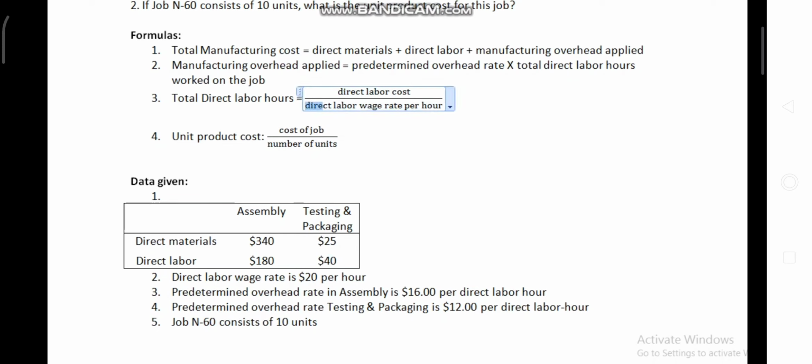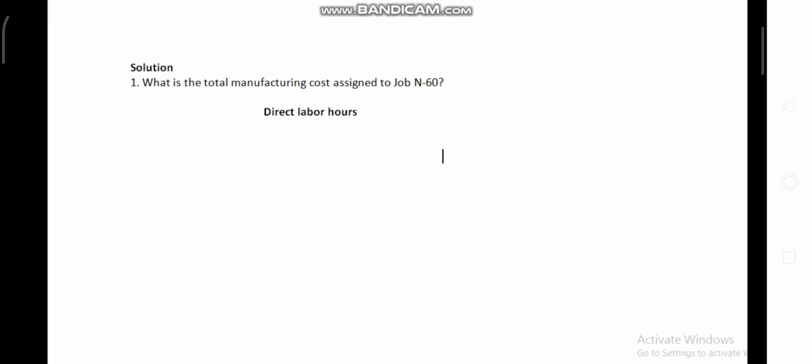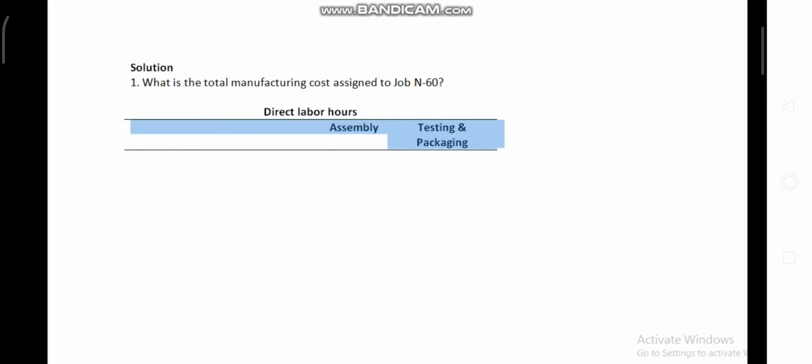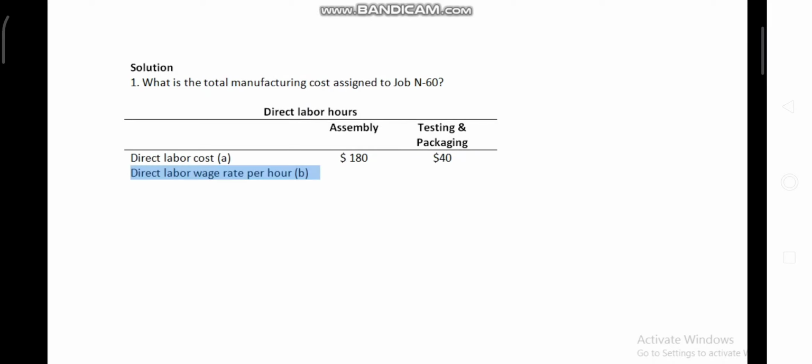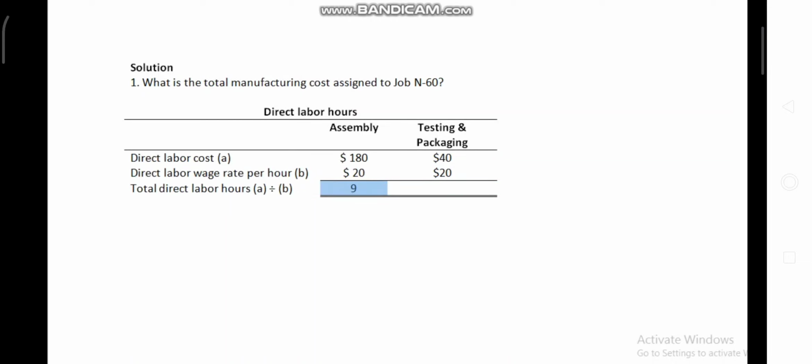And the labor wage rate is $20 per hour. Let's put the values: 180, 40, and direct labor is for both $20. When we divide the values, we get the total direct labor hours, 9 hours for assembly department and 2 hours for testing and packaging department.